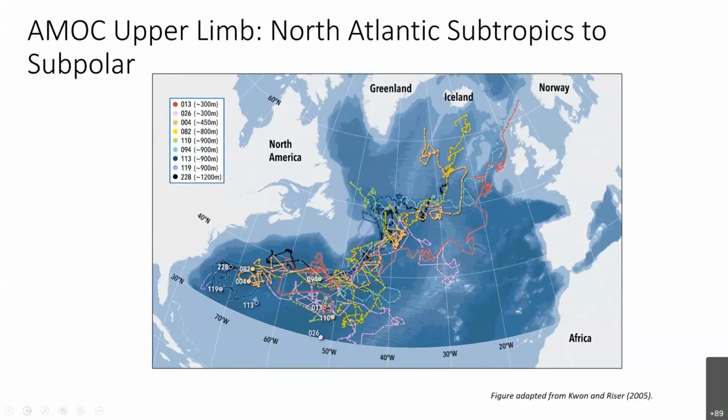And we were scratching our heads about that. But this figure shows a resolution to that conundrum. It shows the trajectories of some profiling floats. This is sort of pre-Argo days, but profiling floats that were launched in the Gulf Stream at depths between, I think, 300 and 1,200 meters.